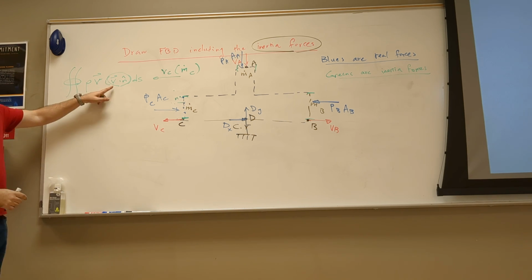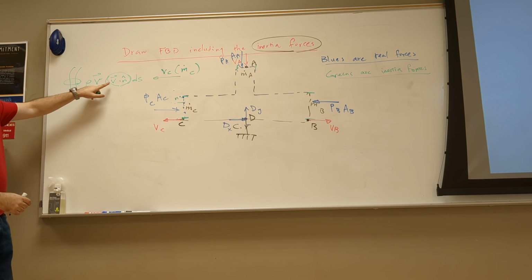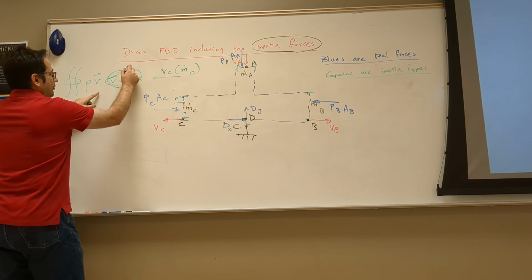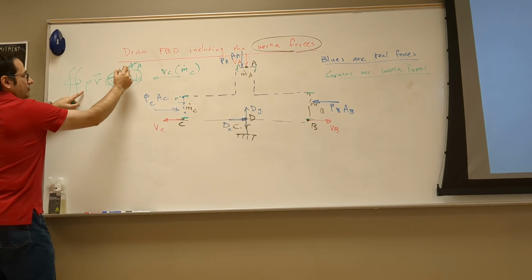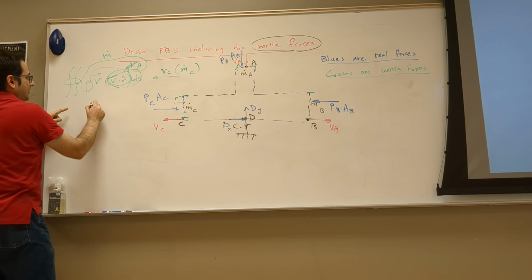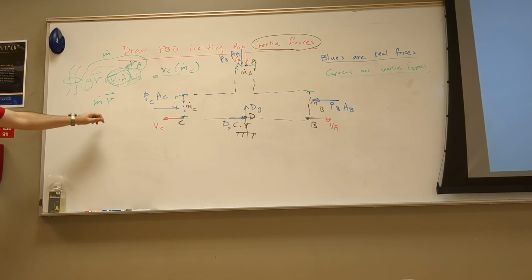So this thing is just the same thing, except you just evaluate this integral. So this integral becomes rho A V, times V. This group is m dot. So the end result is m dot times V when you evaluate this integral.